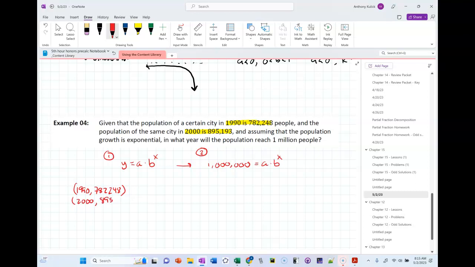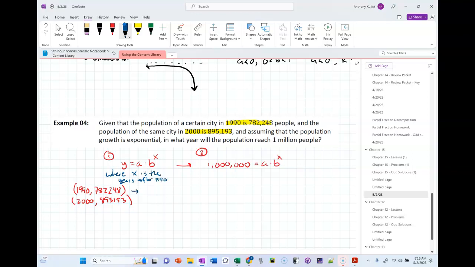So I could do this as the 2 points. But if I do that, this becomes like that example 3 from a minute back, right? Where neither of my coordinates start with a 0 or 1. What I'm going to do is define x as the years after 1990.